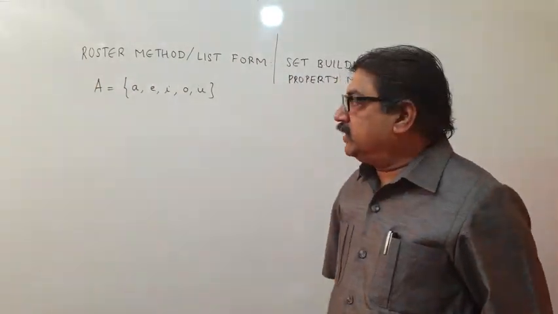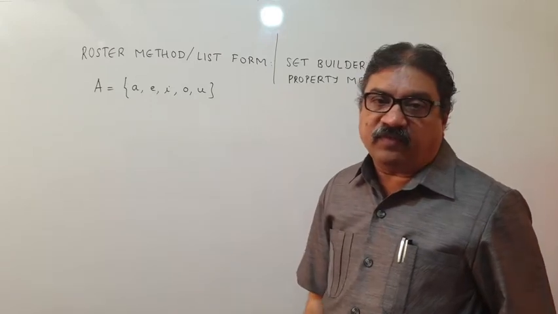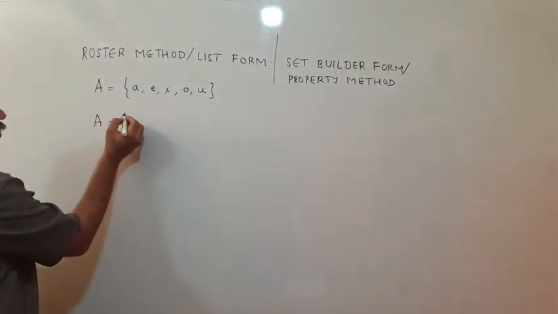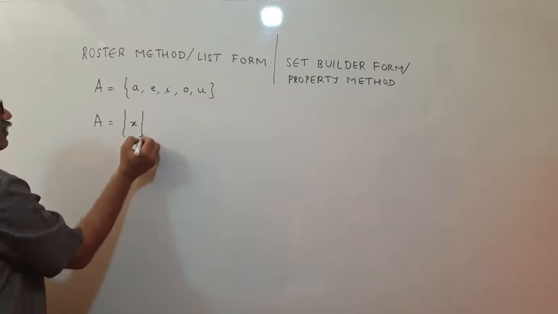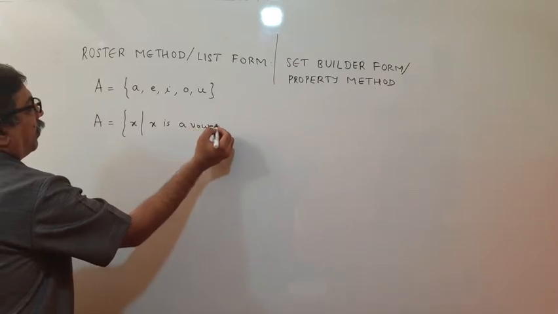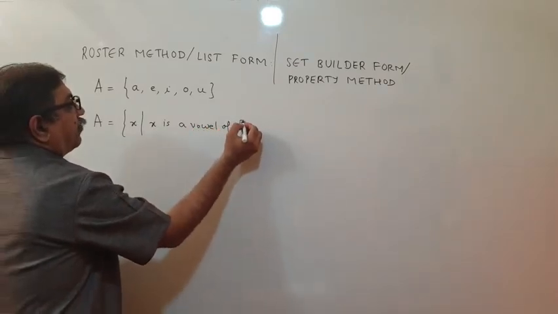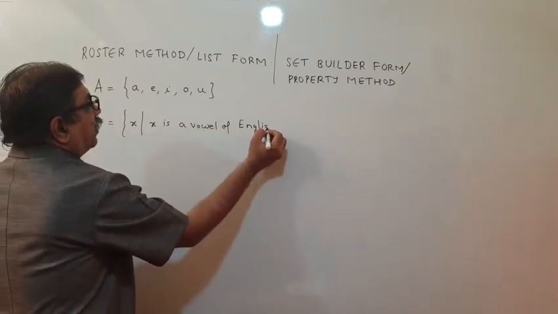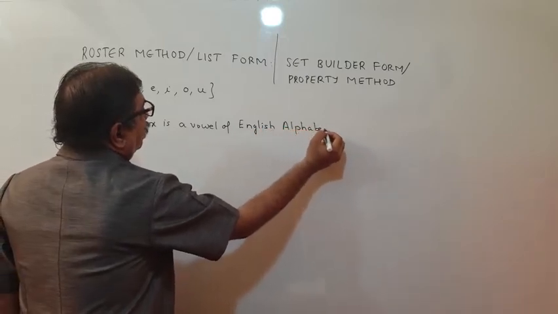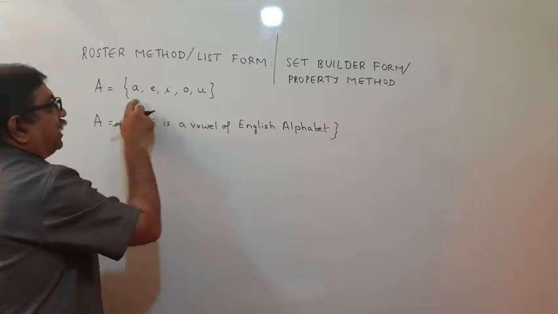So the common property is that they all are vowels of English alphabet. So I write it like this: A is equal to, please concentrate, X such that X is a vowel of English alphabet. I write like this, where X will denote A, E, I, O, U.